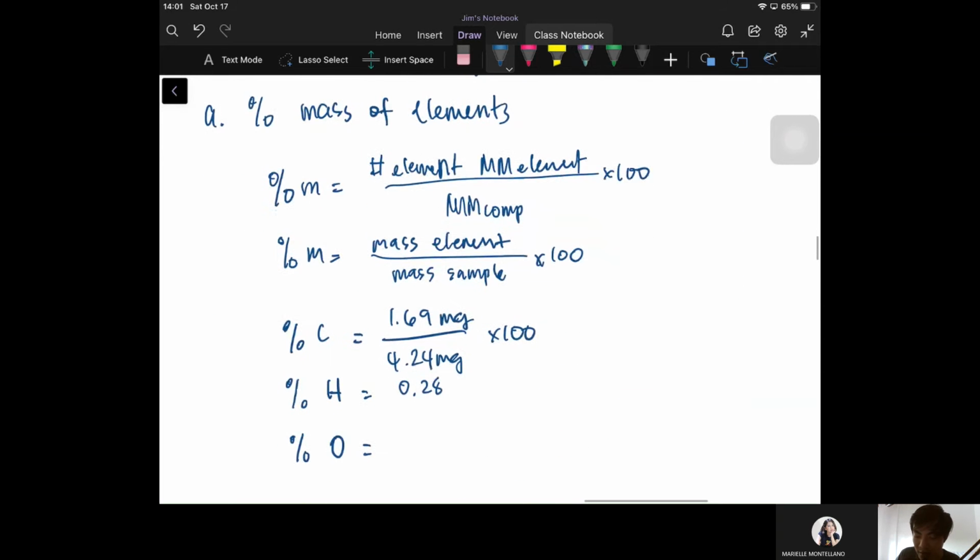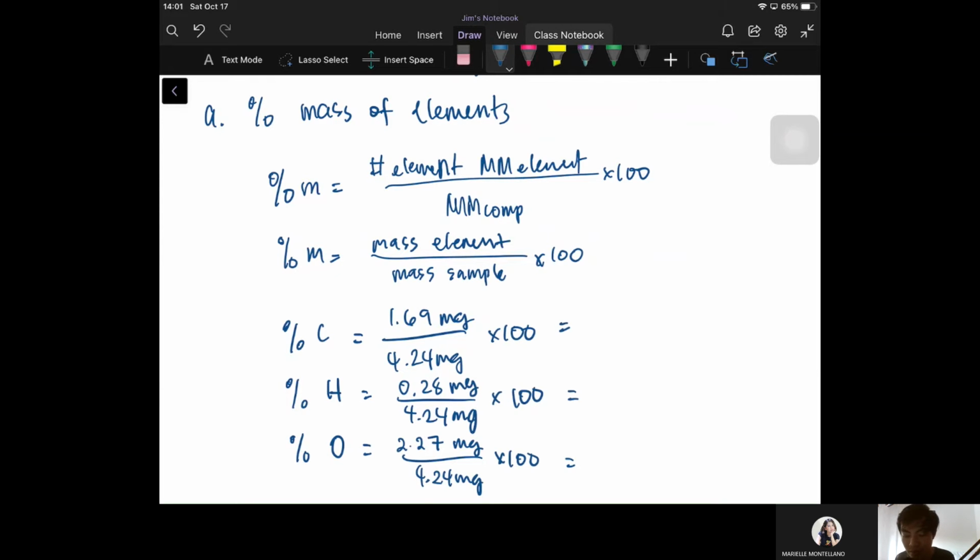Over 4.24 milligram times 100. And oxygen, 2.07 milligram, over 4.24 milligram times 100. Ayan. So, solve na natin. So, ganun lang ka-easy yung workaround na. Basta alalahanin nyo lang yung mga ways. Hindi lang naman tayo limited sa option na to. Meron ding iba pang paraan na. Okay, so yan. Dagdag formula na naman yan.